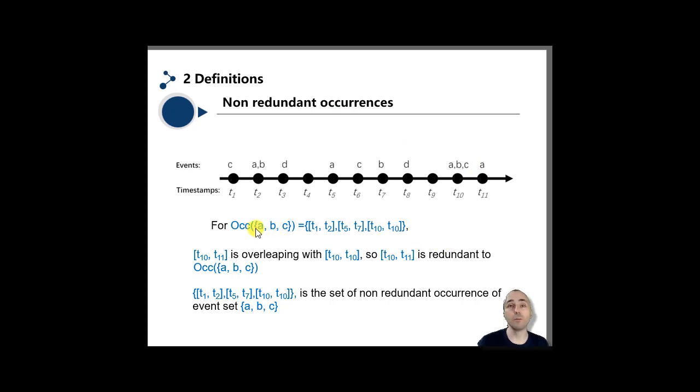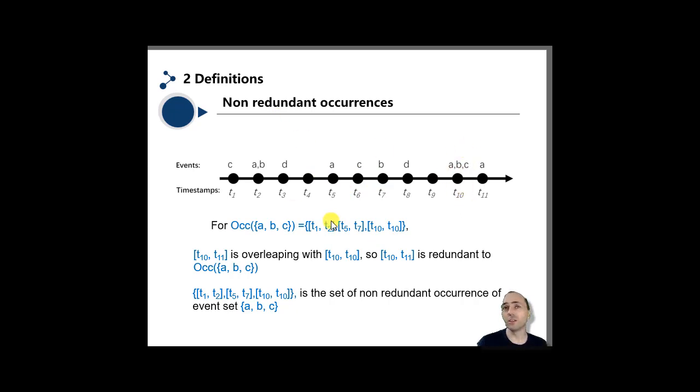If we have an episode like ABC, we can look at the occurrences of ABC, where it appears in the sequence. A, B, and C appear between time 1 and 2, for example, in any order. Between time 5 and 7, we have A, B, and C. And between time 10 and 10, we have A, B, and C together.